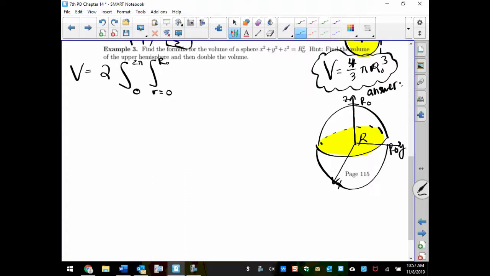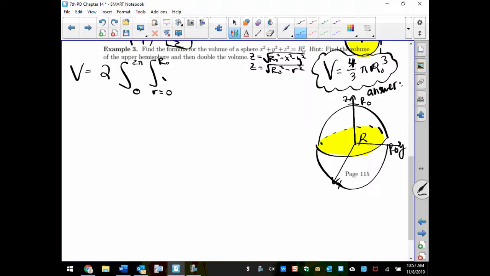Okay, so what do we want to integrate? Well, let's solve for z. So z is the square root of r0 squared minus x squared minus y squared. Now that's just the upper hemisphere. Now if I replace x squared and y squared, the sum of those two, that's going to be r squared.